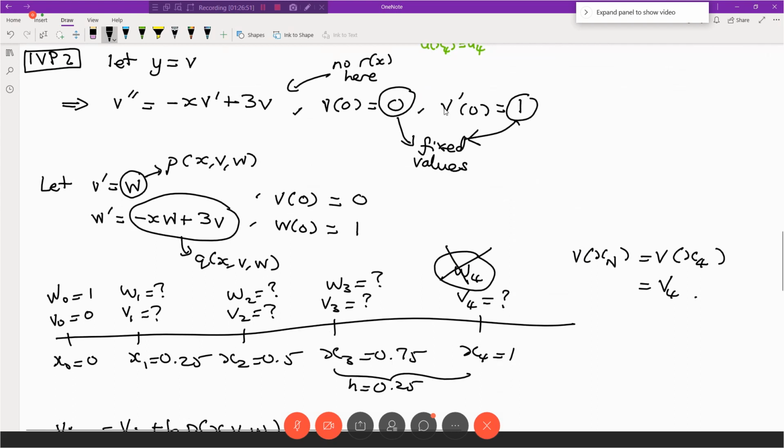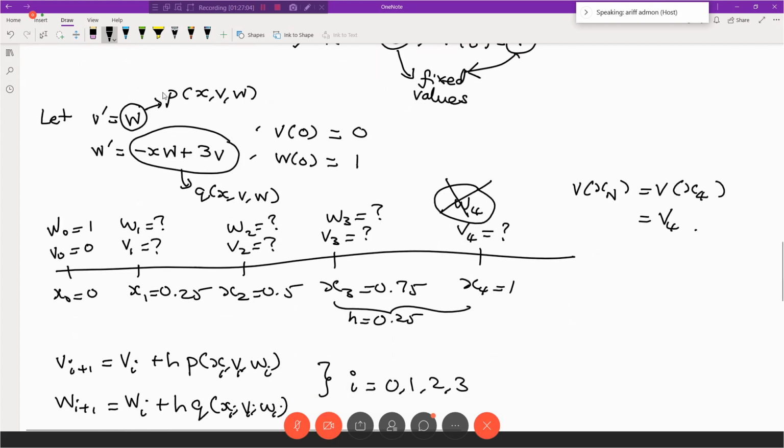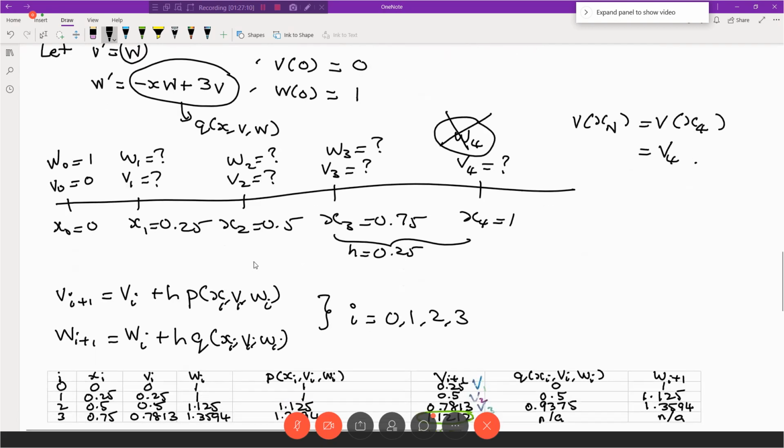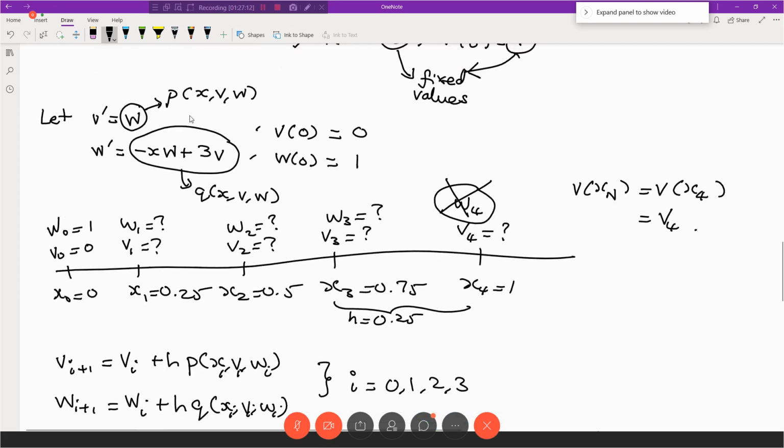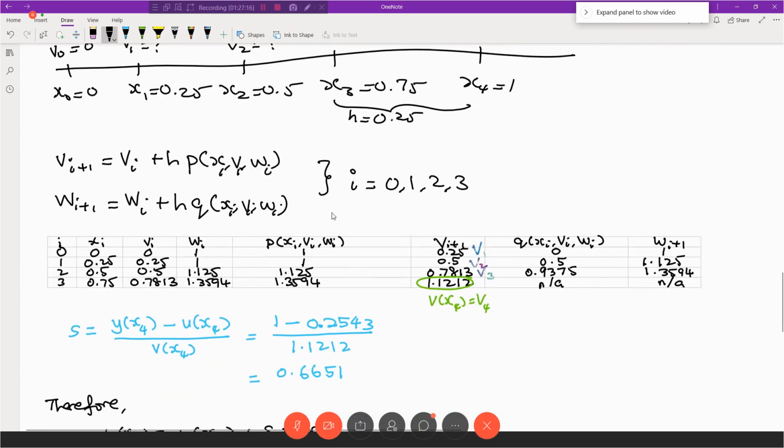So the value here for your initial condition is fixed: v0 is 0, v prime x0 is 1. And this is optional, if you want to stick with f and g it is okay. Let's say I want to use a different notation. So you solve until you get this one.